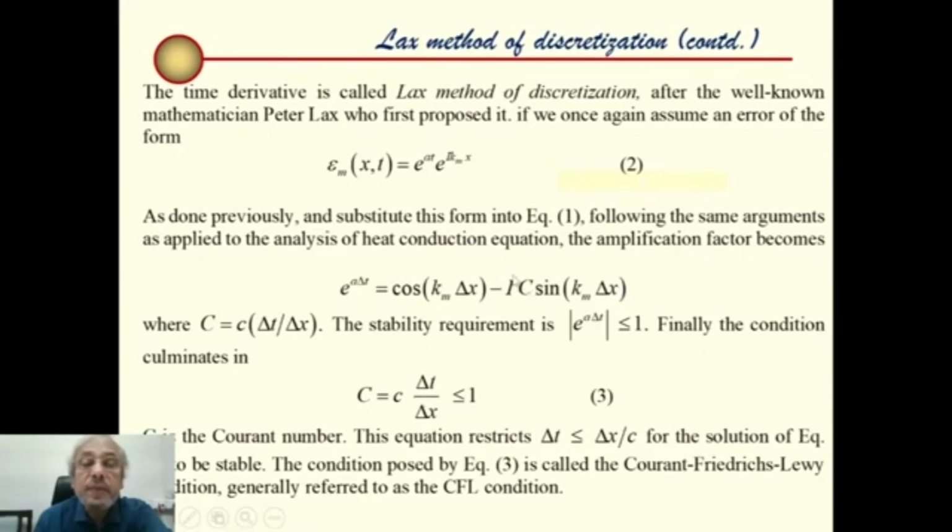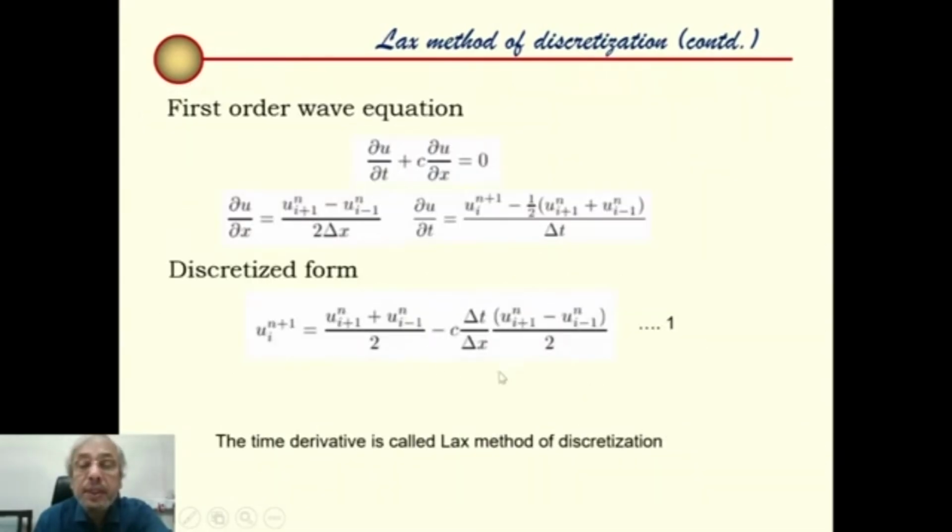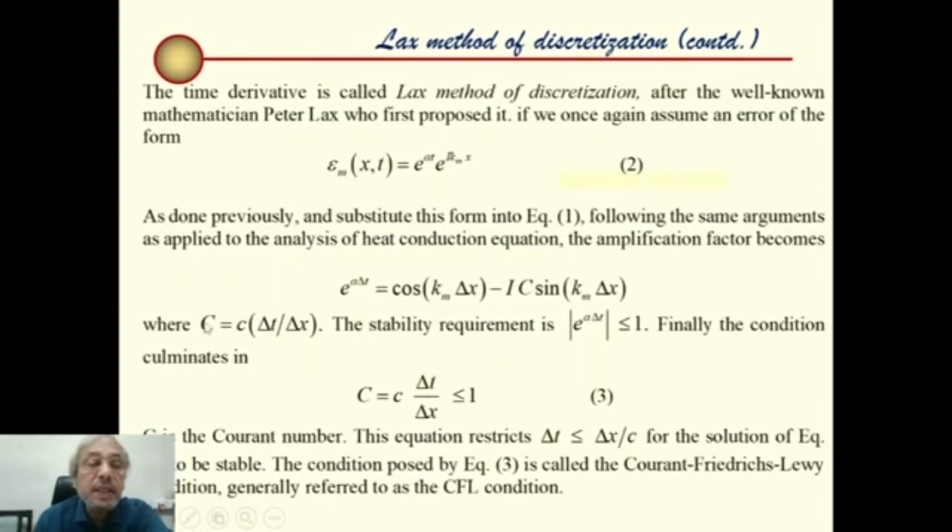This C has been formed by clubbing together cΔt and Δx, and this combination has been substituted by uppercase C. The stability requirement is that the modulus of cos θ − i C sin θ, where θ is k_m Δx, has to be less than or equal to 1.